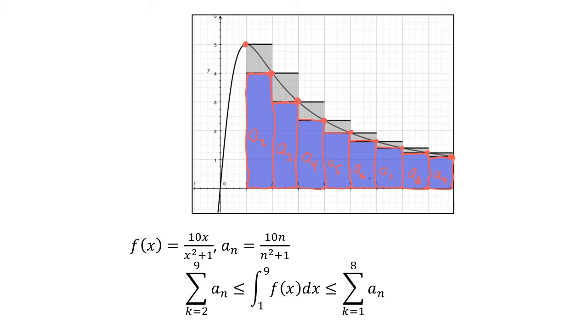How does the area of the blue rectangles compare to the area under the curve? Well, this time the curve is above the rectangles we've just outlined. And so the integral from, once again, 1 to 9 will be greater than or equal to the sum of a2, a3 up to a sub 9. So notice the little shift in the limits there.